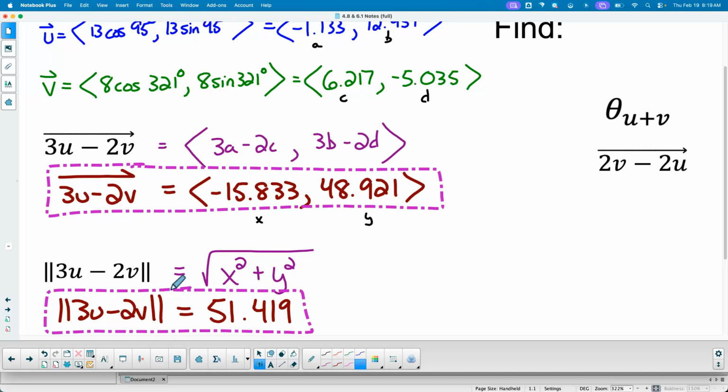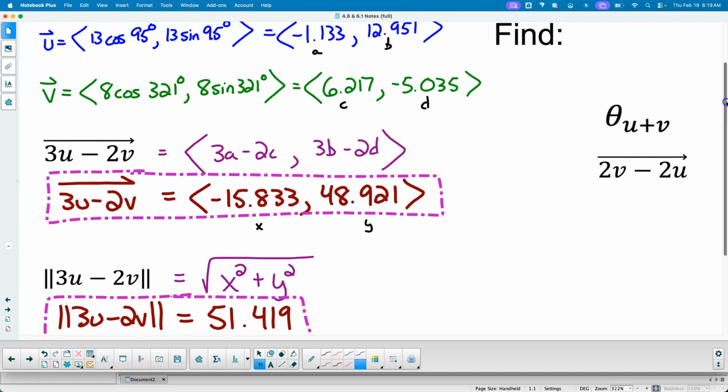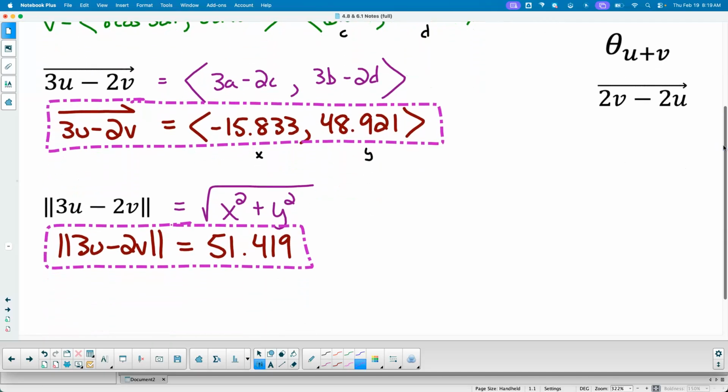I want to show you finding the angle too. So if I'm dealing now with u plus v, that would be the vector a plus c, b plus d. Would you agree with that from our original one?